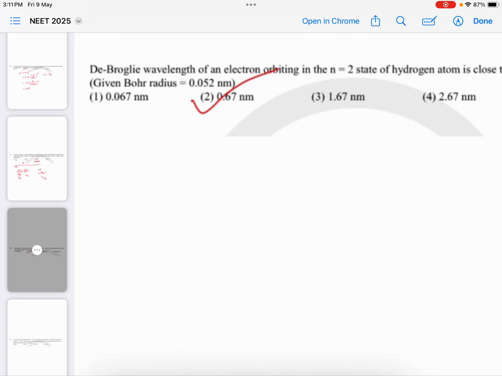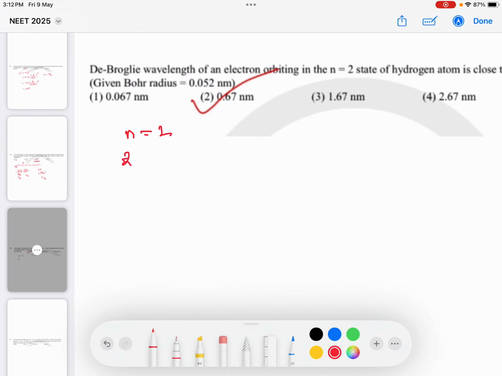Next one, dual nature, particularly de Broglie's hypothesis. According to de Broglie's hypothesis, the wavelength of de Broglie at n is equal to 2 state of hydrogen is given by. Actually, this is a theoretical topic. So here giving n is equal to 2 and hydrogen is nothing but Z is equal to 1.